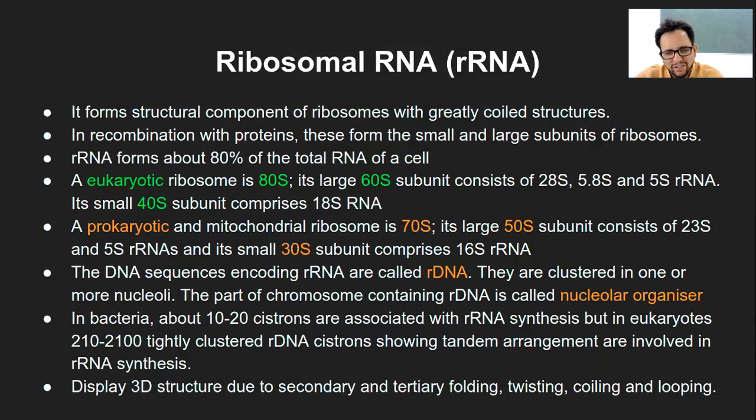It's not just that certain base pairs have to be there; why they have to be present there is what should be understood, and then we will understand the structure of tRNA in a better way. Okay, so I guess that was good information for the tRNA part.